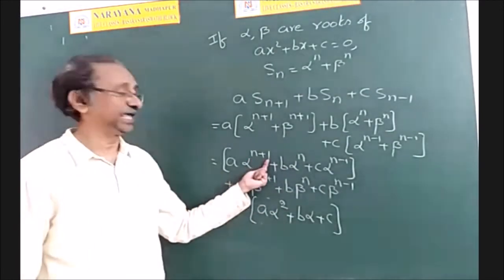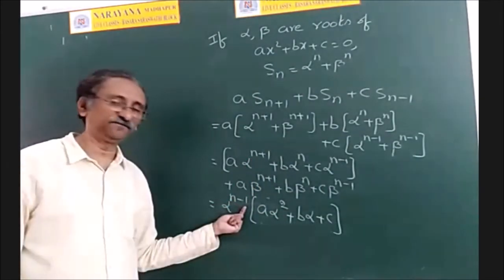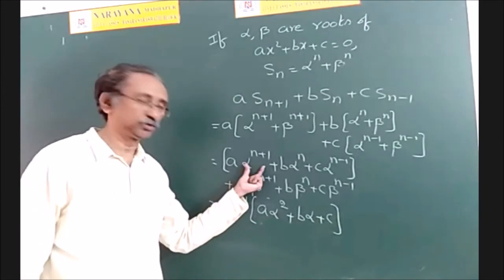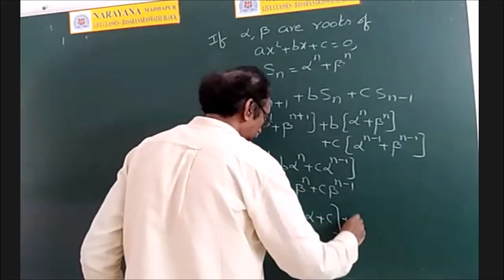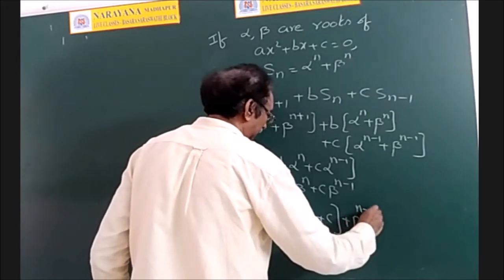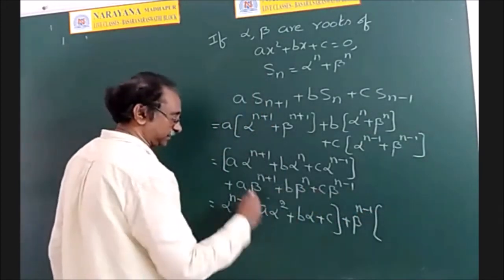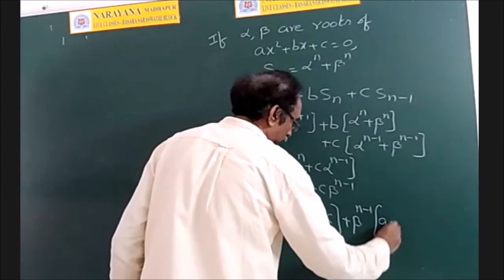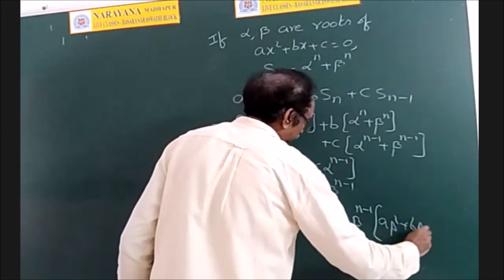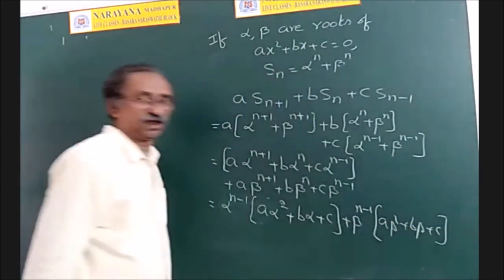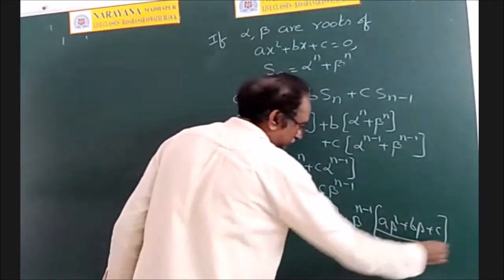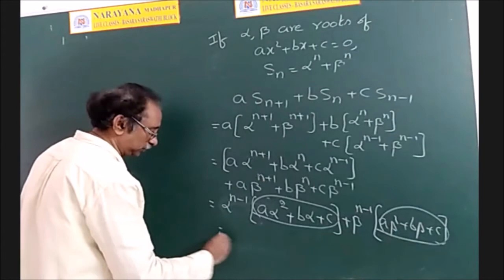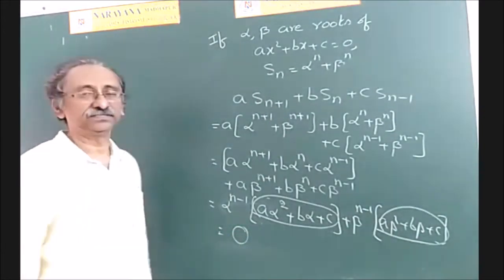There is alpha power n plus 1; I have taken only alpha power n minus 1, so we get 2 alphas, that is alpha square here. Similarly, if I take beta power n minus 1 from these three expressions, you will get a into beta square plus b beta plus c. And the problem is over. So this is 0 and this is also 0. So 0 plus 0, the answer is 0.